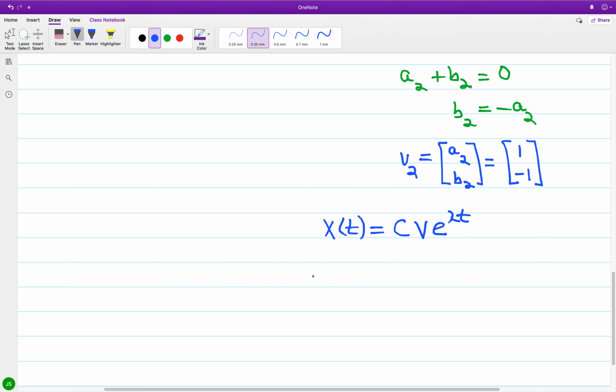In this particular case, we have two eigenvalues and two eigenvectors, so we'll say x of t equals c of 1, v of 1 times e to the lambda 1 times t, plus c of 2 times v of 2 times e to the lambda 2 times t.